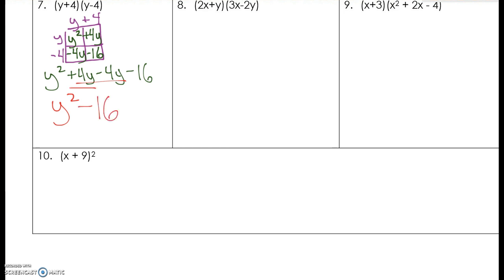And you'll see that this happens where those two middle terms cancel out anytime you're multiplying two binomials together where the only difference in the two binomials is that one is plus and the other one is minus. That indicates that you're going to have that situation where those middle two terms are going to be able to be canceled out. Okay? Number 8, let's do this one, distributive method.